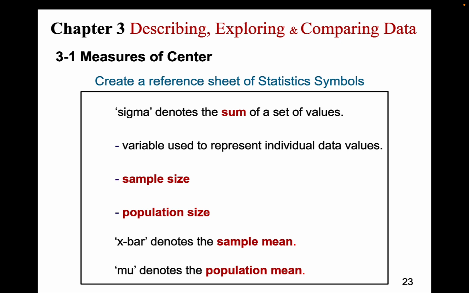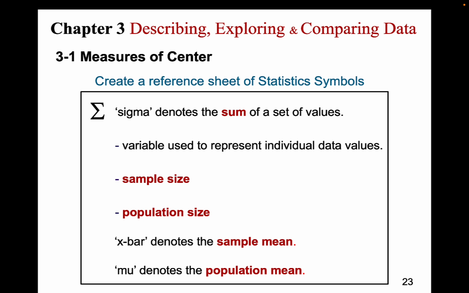All right, so hopefully you've got a blank sheet of paper out right now and you've titled it Reference Sheet of Statistics Symbols. The first symbol we are going to write on the reference sheet is the Greek capital letter sigma, and that is always going to represent the sum of a set of values.